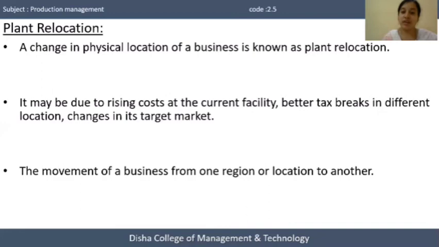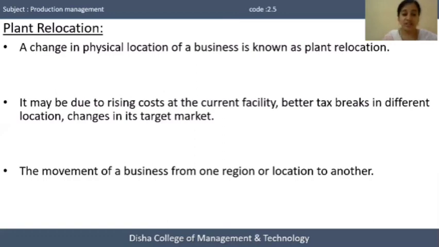Next, to get better tax advantages: the industrialist finds that at a particular place various tax benefits are available. If he installs his plant at another place, he may get maximum tax advantages, maximum tax subsidy. So he makes various decisions related to shifting his plant from one location to another location.